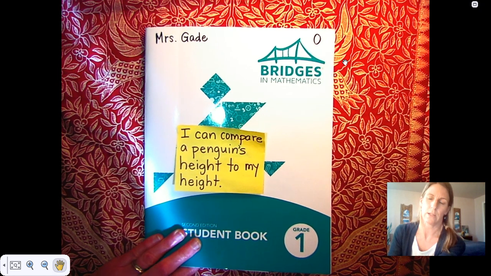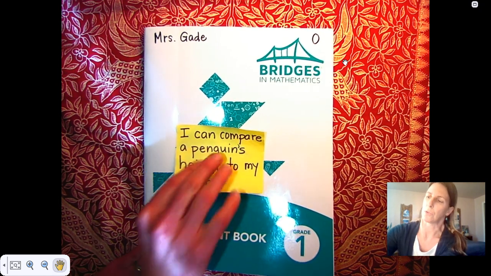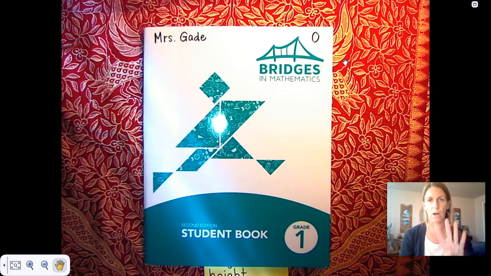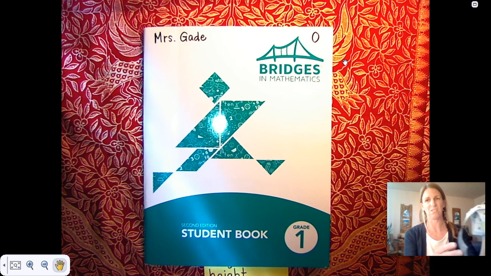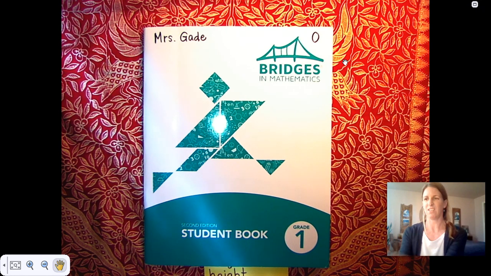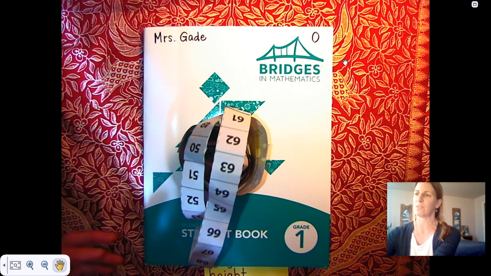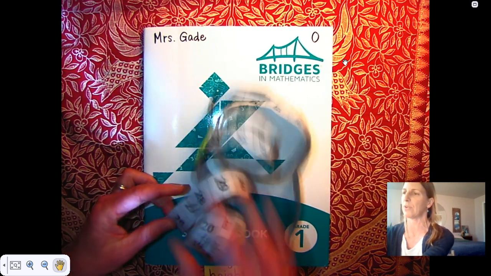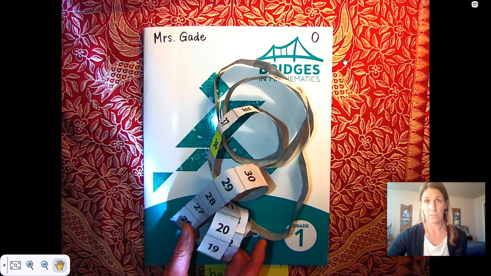Before we start, I want to show you a piece of paper that I put together that lists all four of our penguins' heights, because when I was showing it to you on the number strip, it was really hard for you to see it all. I tried to highlight numbers and I thought it was a little confusing.